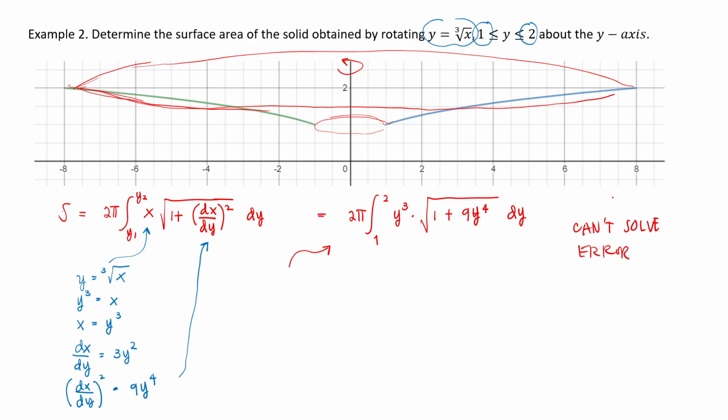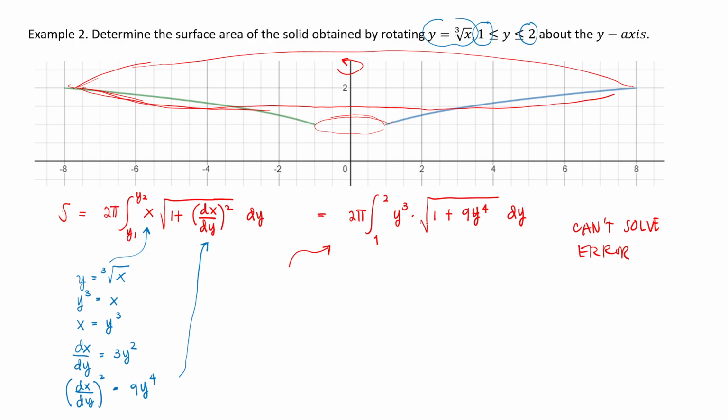So if you encounter these problems in your calculator later on, what you need to do is simplify your equations first before plugging the equation into the calculator.